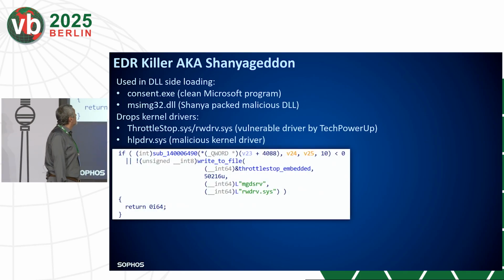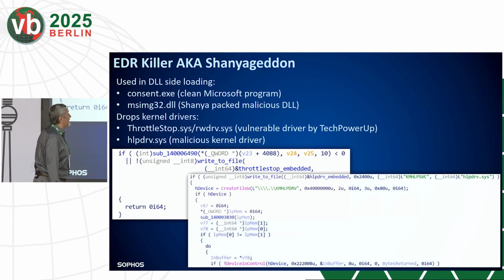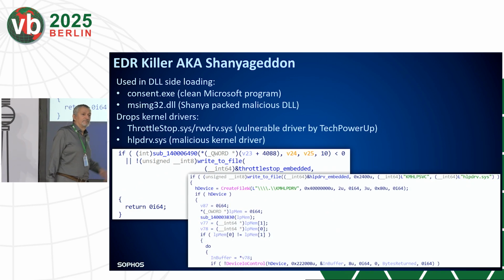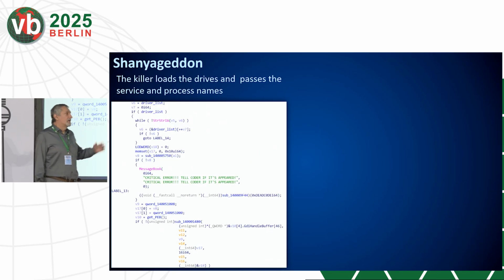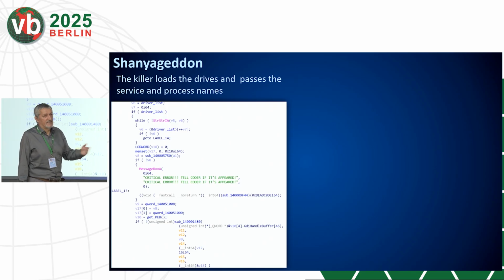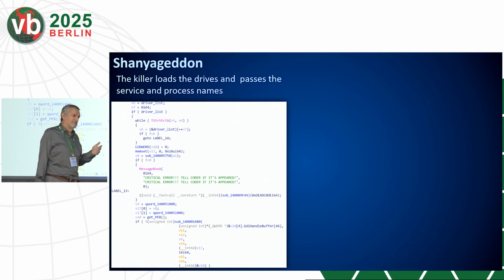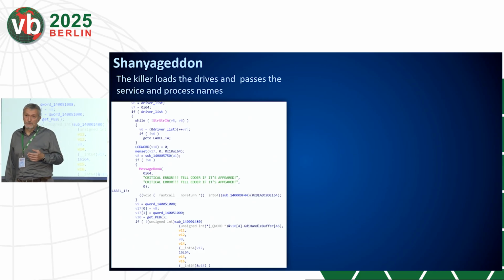Shanyageddon dropped the clean driver and the malicious driver, and then it used the malicious driver, and the malicious driver used the vulnerable clean driver to get write access to kernel structures it should not have access to.